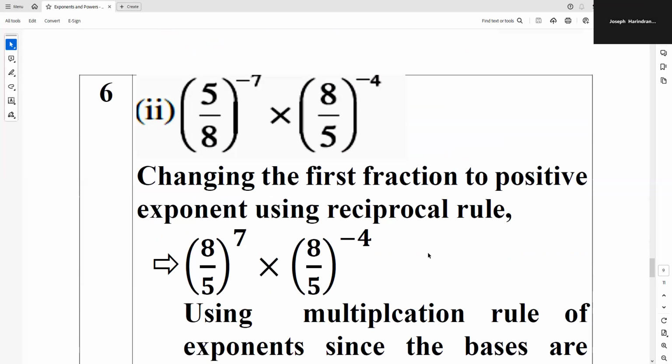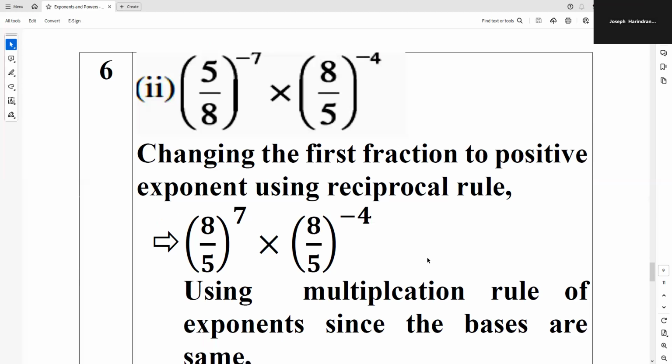We change only the first fraction to a positive exponent, because we will be getting the reciprocal of 5/8 as 8/5, and minus 7 becomes plus 7. So the negative to positive exponent rule is being applied here. The reciprocal of 5/8 is (8/5) raised to the power 7, multiplied by the second fraction, which is left as it is, (8/5) raised to the power minus 4.